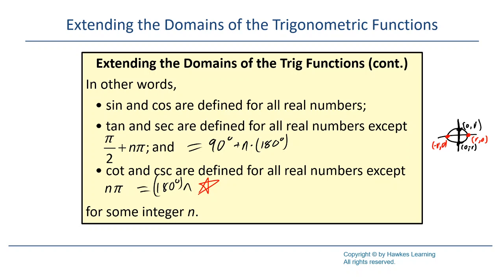So anytime the y value is 0, cotangent and cosecant are undefined.